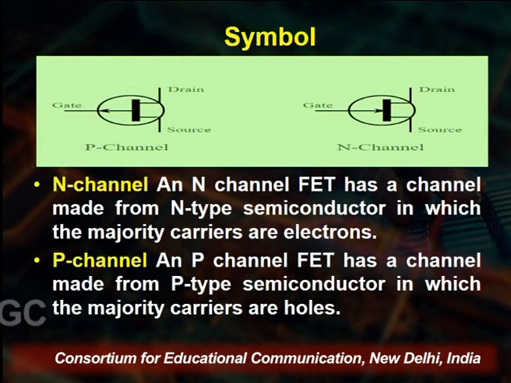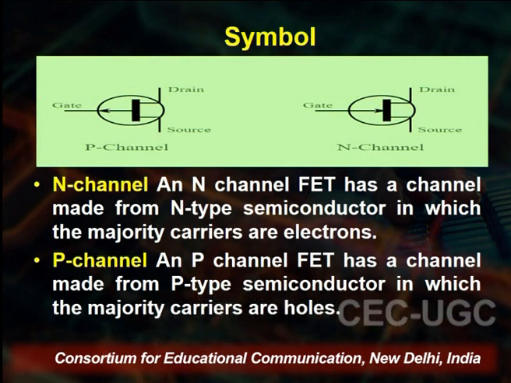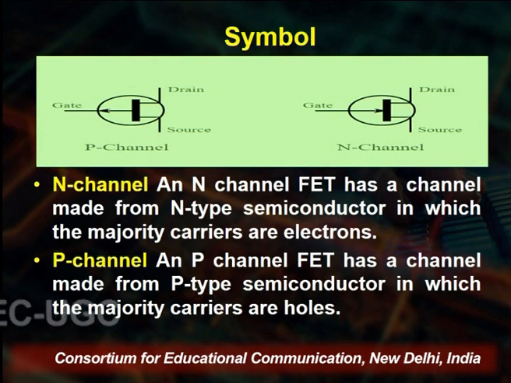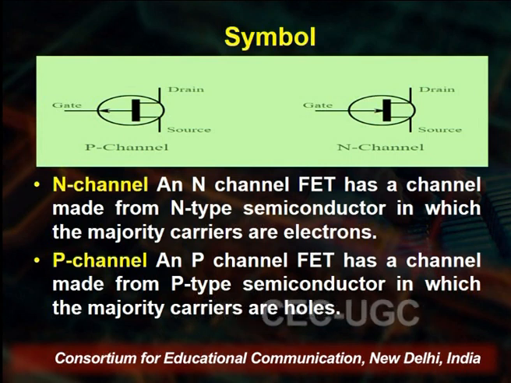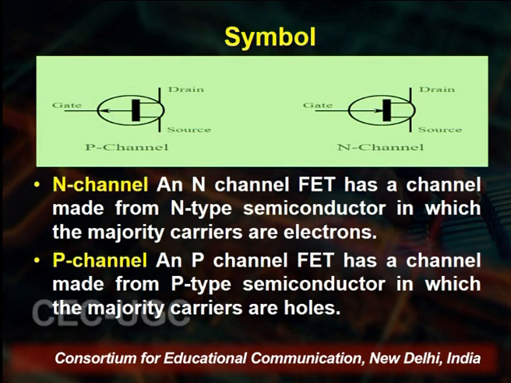On the left hand side we have the P channel. Here the arrow points towards the gate, but in the N channel the arrow is opposite to the gate.